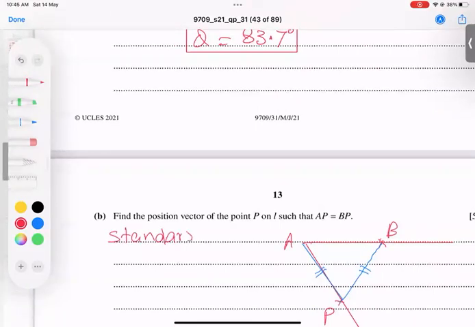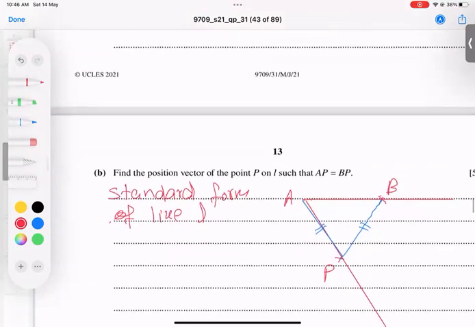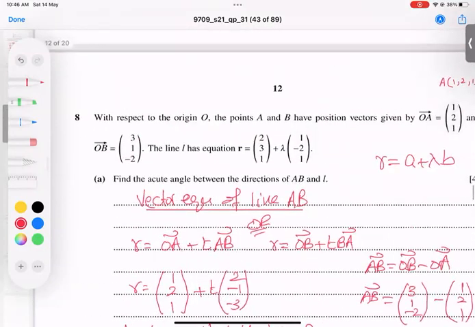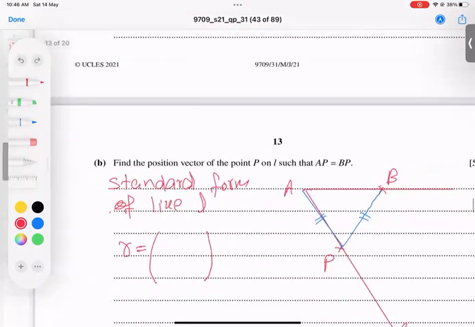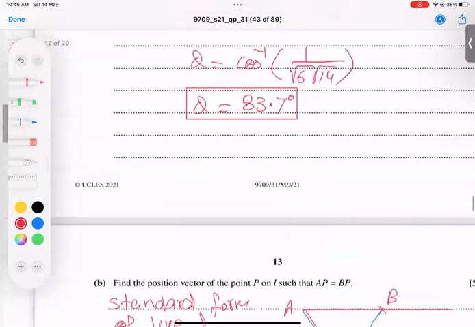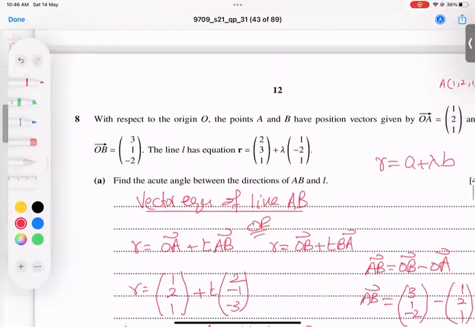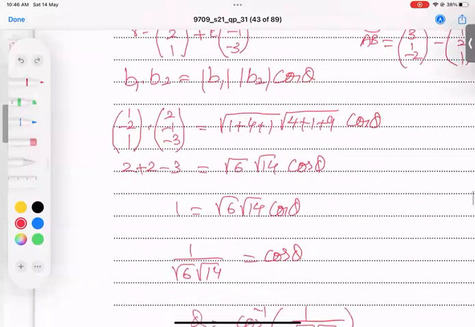So I'm writing here the standard form of line L. Then R turns out to be, I'm writing all together: lambda multiplied with 1 and then 2 plus lambda, so the first value is 2 plus lambda. Second value is 3 minus 2 lambda.